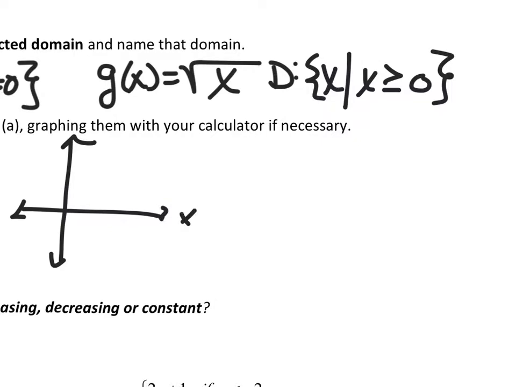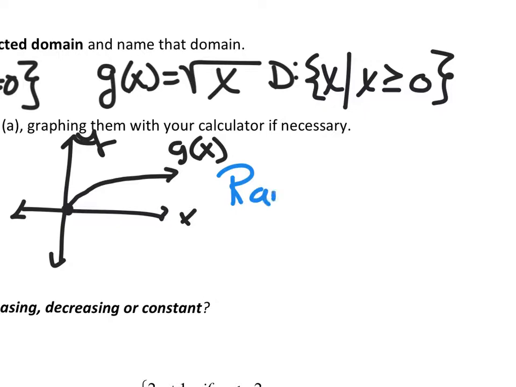So let's look at the graph of this function, x and y. This one starts at the origin and comes over this way. This is g of x. What's this guy's range? Well, it does hit the point 0, 0, range or y values, right? And so his y values are 0 to positive infinity.